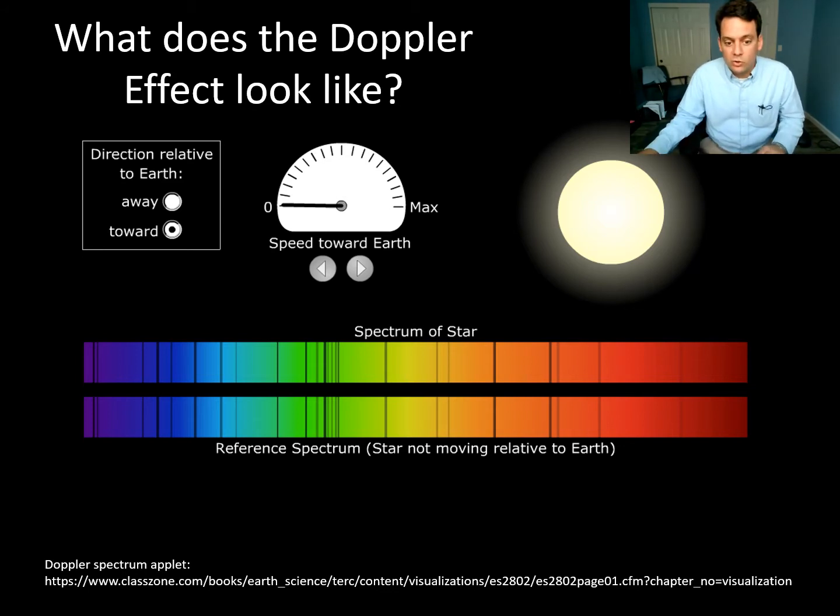And then it will show you how the spectrum of that star at top changes relative to what's called the reference spectrum, which just means the spectrum in the case where the star is at rest relative to the Earth. So pause me as long as you like, as long as it's not infinitely long, because we've got to get to the end of the semester at some point. But I think this will be a useful tool to give you a sense of how the spectrum shifts, how it changes as a star moves faster or more slowly, either towards or away from us.